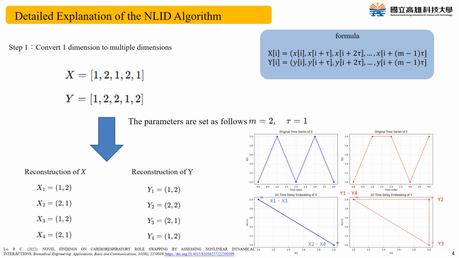For y, the reconstructed vectors are y1 equals (1, 2), y2 equals (2, 2), y3 equals (2, 1), y4 equals (1, 2), as shown in the plots. The reconstructed points reveal the state transition patterns of the signals in phase space. This step is important because it converts the original one-dimensional signals into a form that can better represent their dynamics. After that, we can use these reconstructed vectors to build the recurrence plot for an NLID analysis.